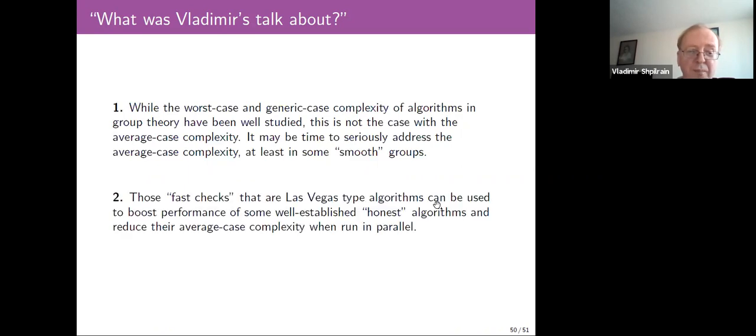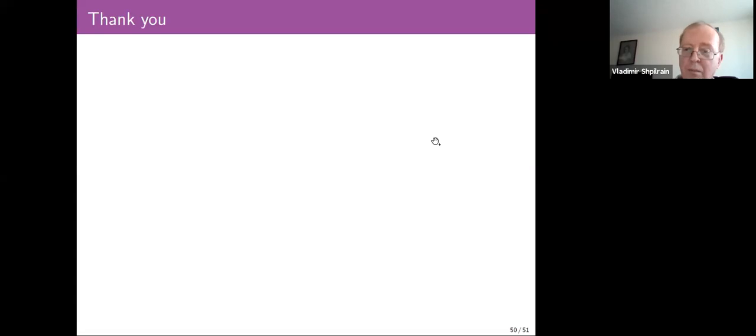And the second point, again a recurrent theme in this talk, is that fast checks, but only those that are Las Vegas type algorithms, not Monte Carlo type algorithms, can be used and should be used to boost performance of well-established honest algorithms and reduce their average case complexity. So this is what Vladimir's talk was about. And that's it. Thank you.